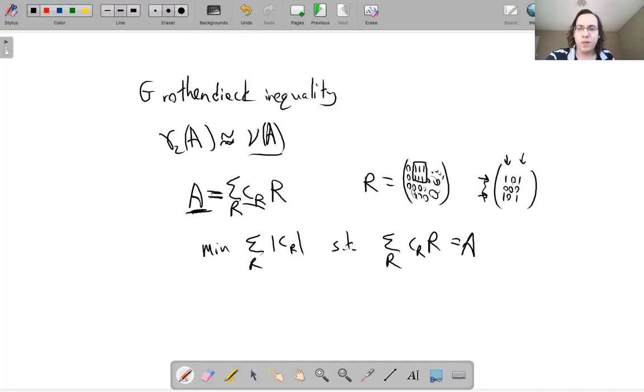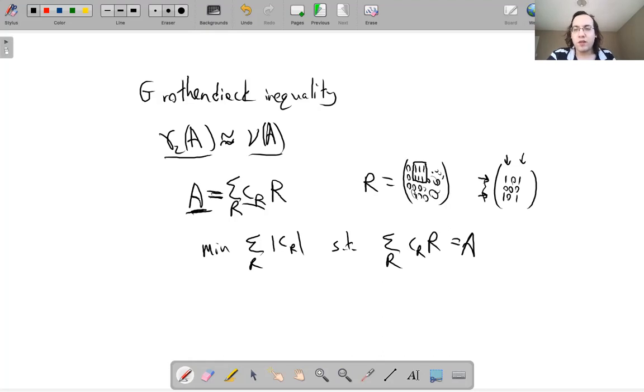The official nuclear norm, as defined in the notes, actually does it with rank 1 sign matrices, but those are very similar to rectangles. So it's not too hard to convert back and forth and lose a constant factor between the two notions, either rank 1 sign matrices or rectangles. Grothendieck's inequality then says that this minimum, so this norm that we get by taking this minimum, is within a constant factor of the gamma 2 norm.